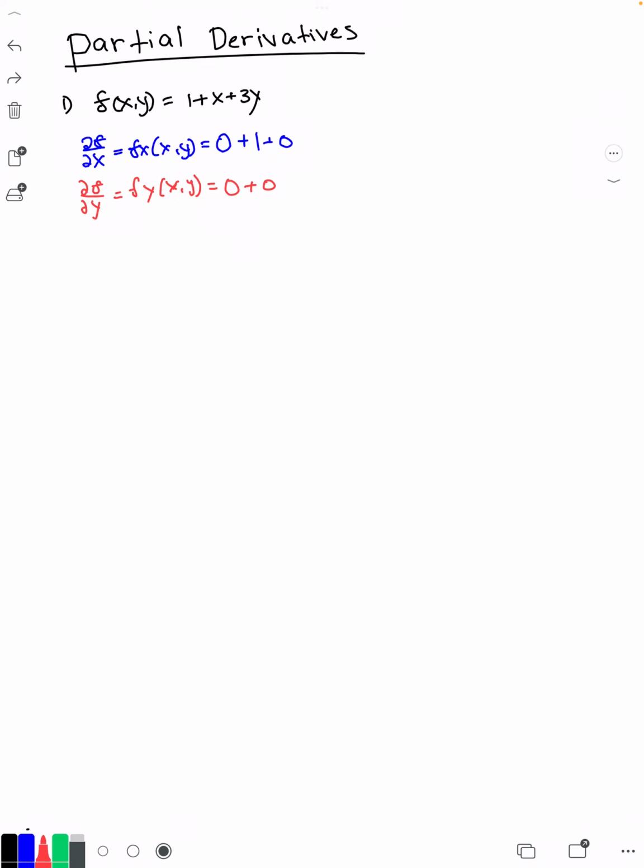Because if we derive 20, since it doesn't have an x or y next to it, it's 0. And 3y becomes 3. Now one thing to make sure is to look at the notation. It is very important to write it down correctly. Whenever you want to write based on y, you're going to write that y here and y here. When of x, x here and x here. Okay.